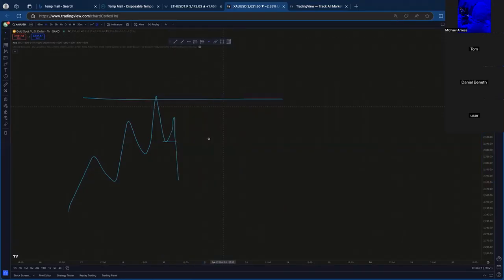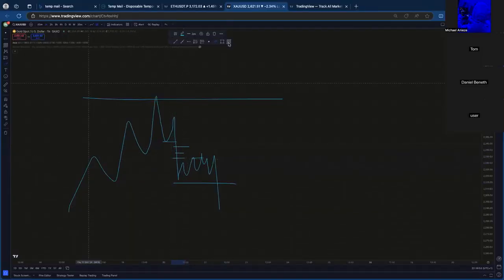But what I would personally do is, if this high is too far, I would look for a new price action right here. Price does something like this, because at times if price drops like this, it gives imbalance right here.